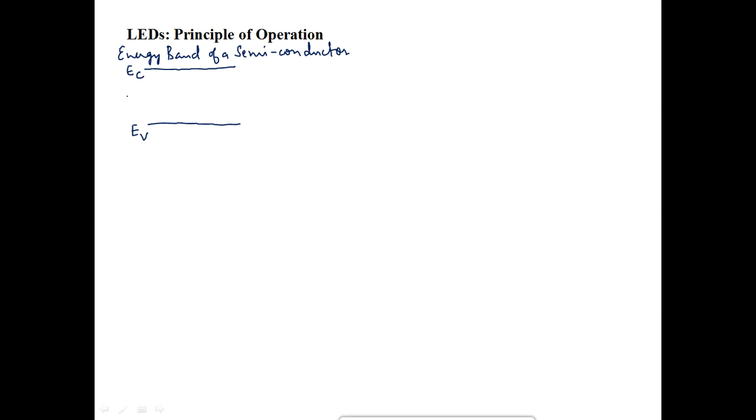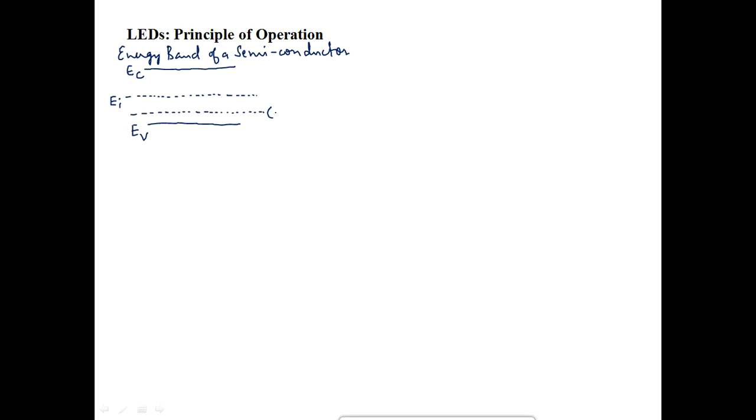If the semiconductor is intrinsic, meaning the number of holes equals the number of electrons, a pure form of semiconductor, then we usually call it EI. EI is the intrinsic level. Now if the semiconductor is doped with p-type impurities, then the doped energy level will be somewhere here, very near to the valence energy level.